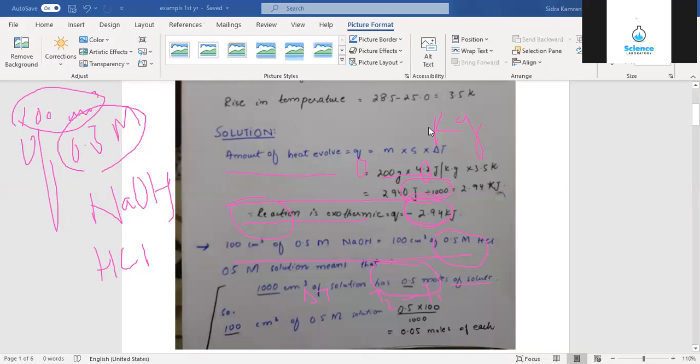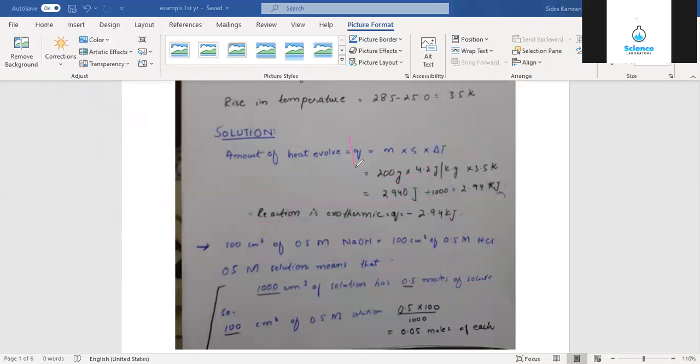Here you can see Q, the heat, is equal to mass multiplied by specific heat multiplied by change in temperature. Mass is 200 grams, as the mixture has a total volume of 200 centimeter cube, which will be 200 grams of water.